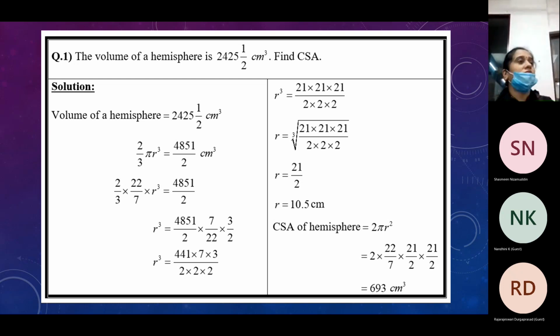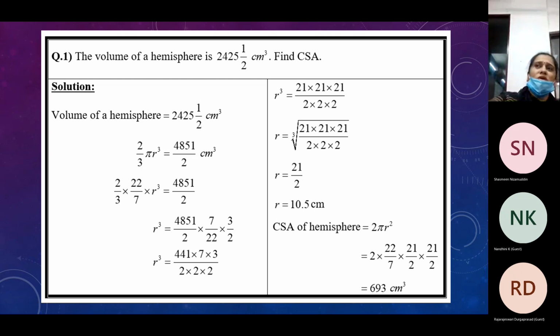Done writing, children? Shall we go to the next one? So I have written R is equal to 10.5, but then I've taken 21/2. So you can use anything.